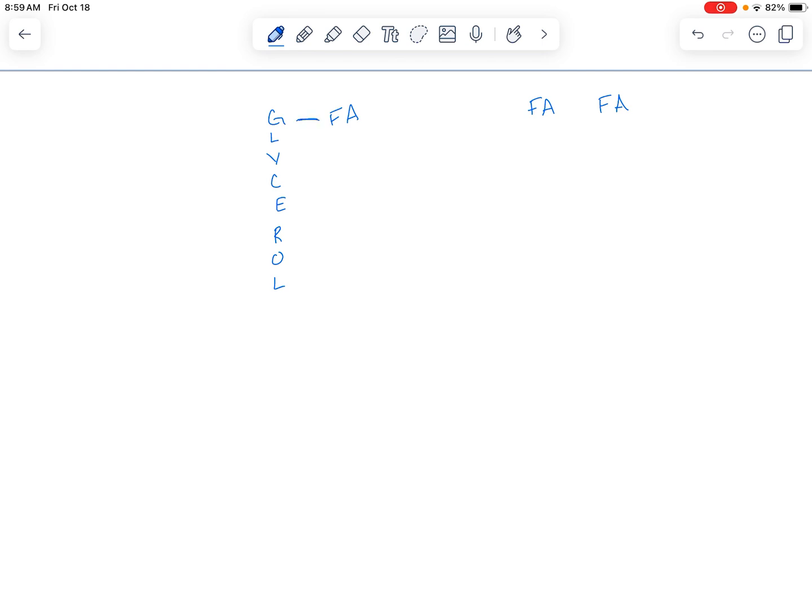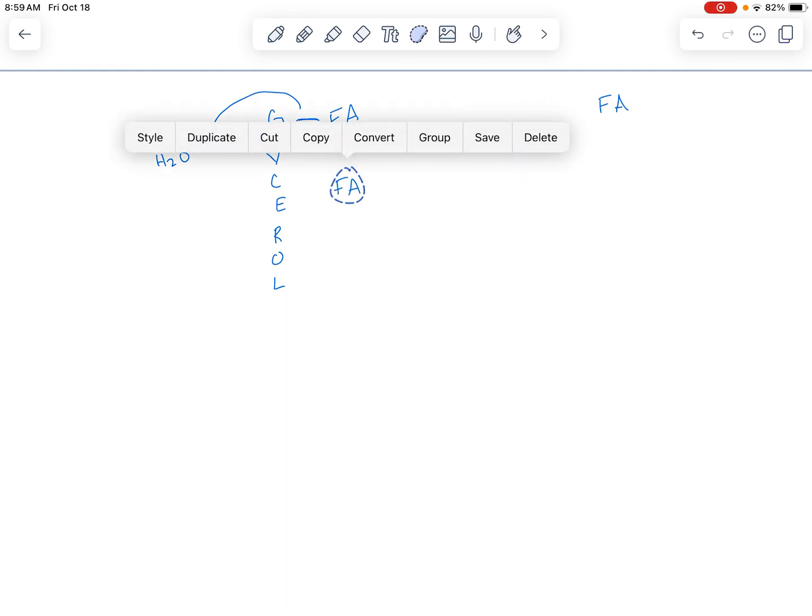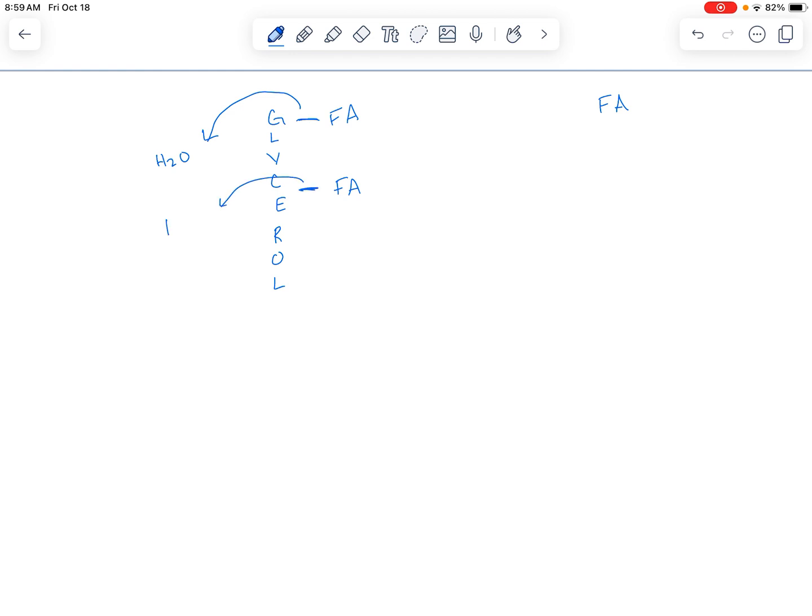I'm not at a lipid yet, but to make that bond, what do I have to take out? Water. That's dehydration synthesis. If I want to take this fatty acid now, make a bond right here, again, I'm just building a lipid here. I need to take out a water. And if I want to take this fatty acid and make a bond right here, I need to take out a water.